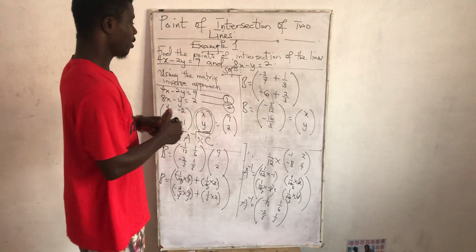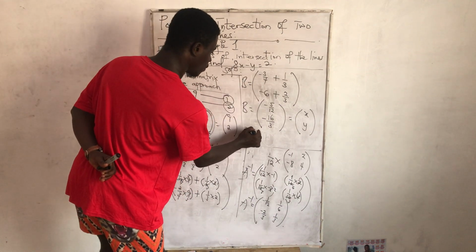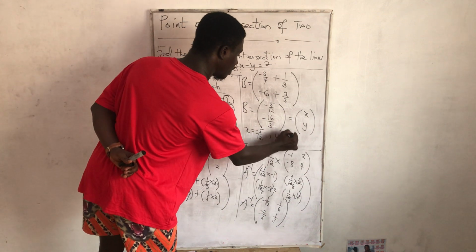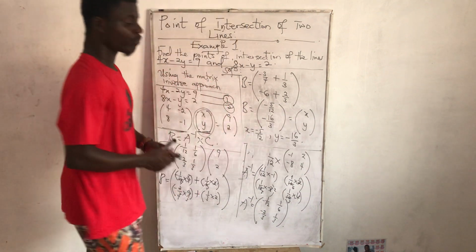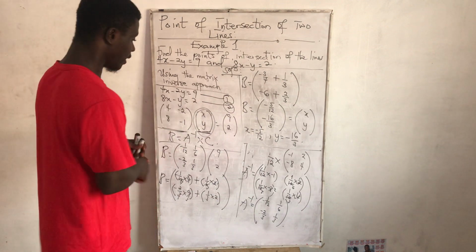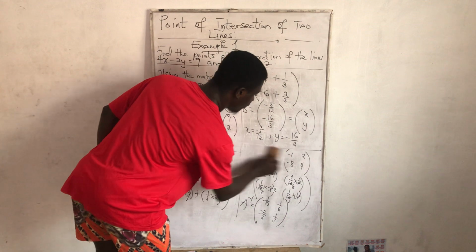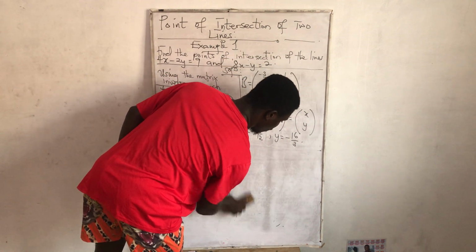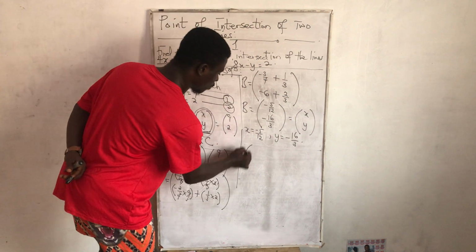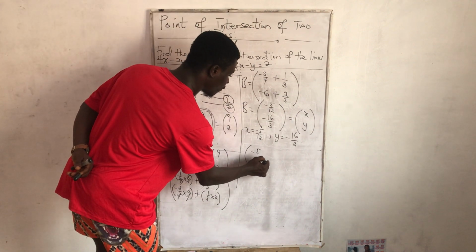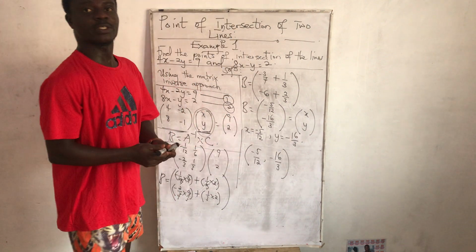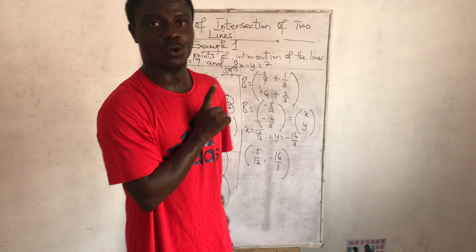So we can say that x equals negative 5 on 12, then y equals negative 16 on 3. So what will be the point of intersection of these two lines? Therefore, the point of intersection of these two lines is negative 5 on 12, comma, negative 16 on 3.